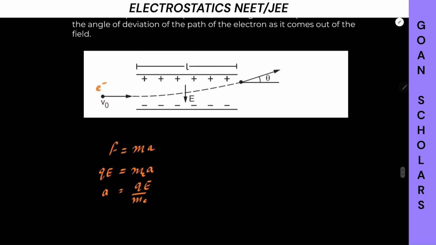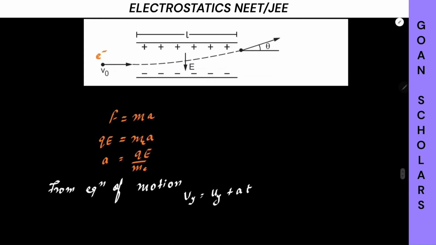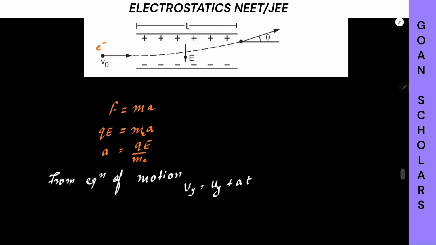And we know from equations of motion, Vy equals Uy plus Ay T, correct? Now be very careful: this acceleration is along the y-axis, with no acceleration along the x-axis because there is no other force. So I am writing Ay here, from equation 1.